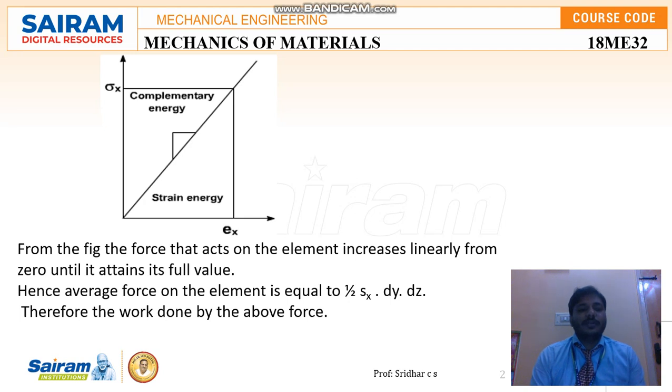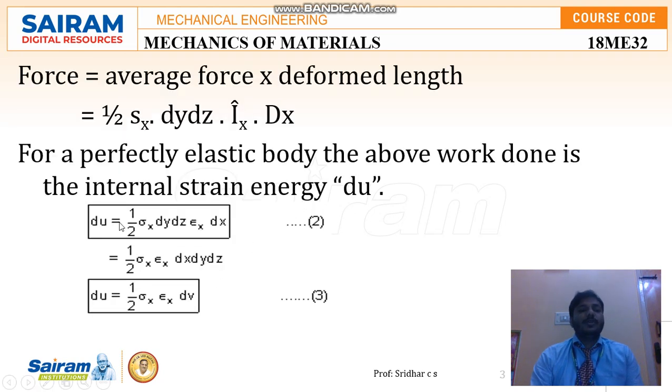Based on this, the work done by the above force is the average force into the deformed length. The deformed length is the change in length from the original length: after applying the load, the length has changed because of the deformation, and that length is multiplied by the average force.